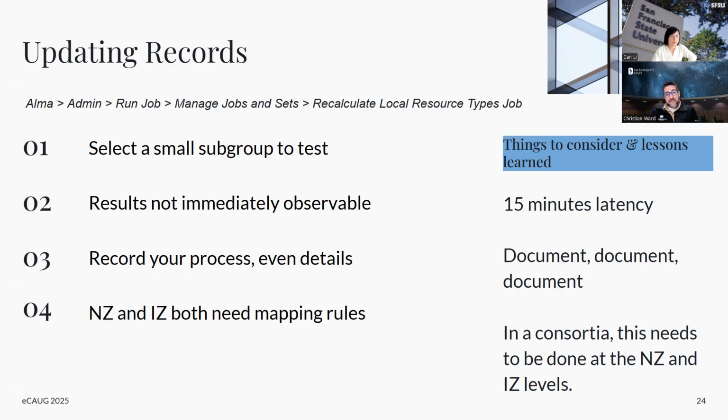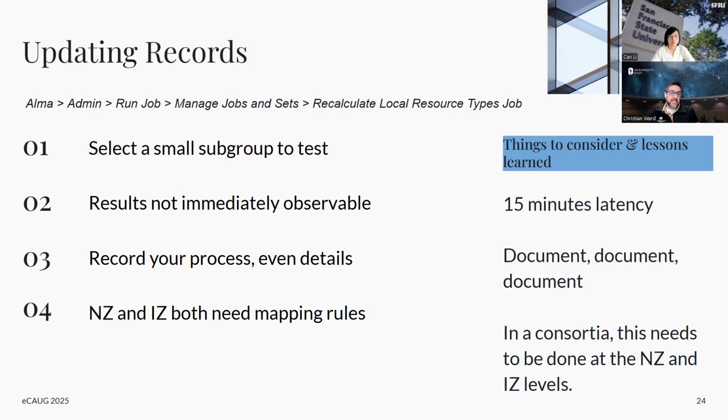So the first thing we noticed is that records did not immediately appear updated on the discovery side of things. This is due to another undocumented aspect, or perhaps a minimally documented aspect, and that is that when you are adding new metadata to a record or removing metadata from a record in Primo VE, there's a 15-minute delay for indexing.